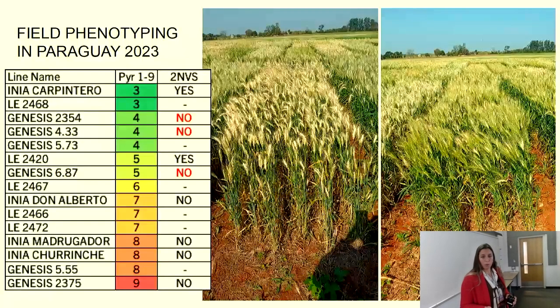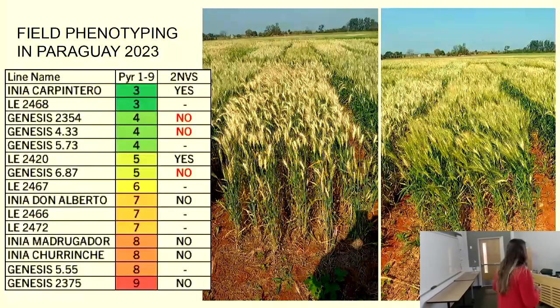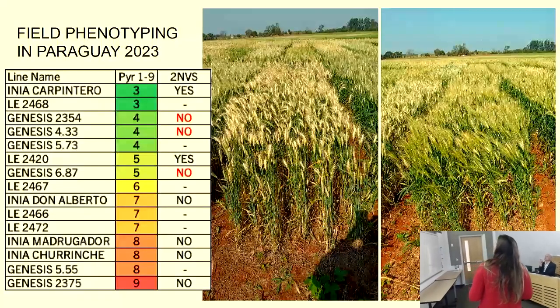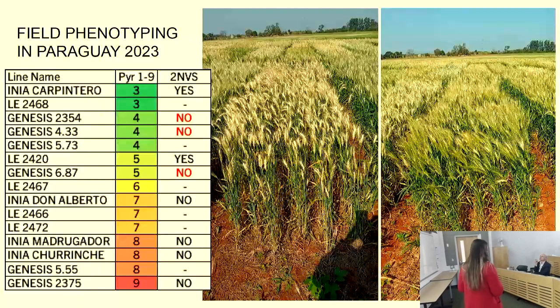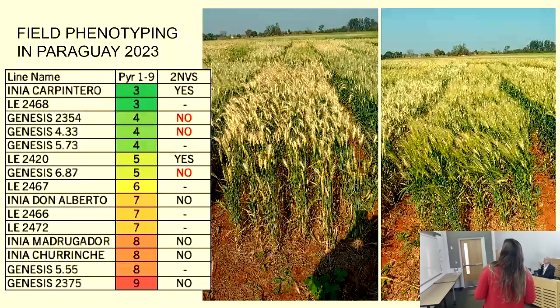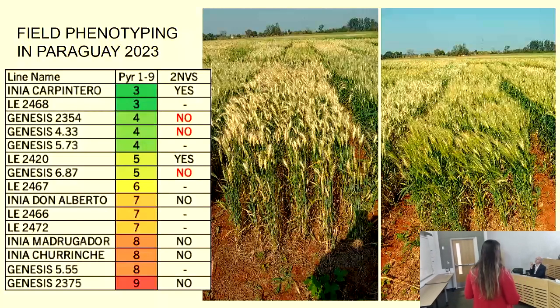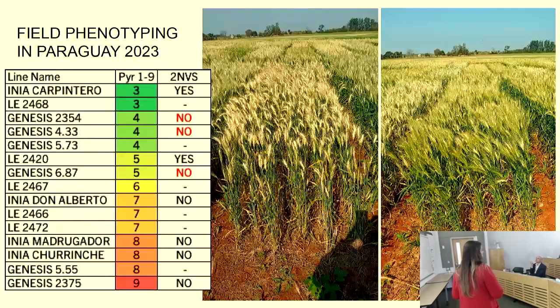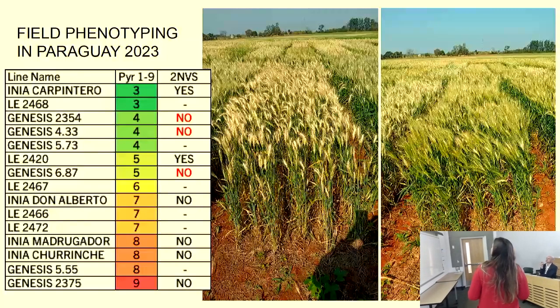And lastly, I want to show you this one. This is from the 2023 season, when we sent some materials to CAPECO, in Paraguay, and he did some phenotyping for us. You can see here a few of the Indian varieties, with a visual score of 1 through 9 for the wheat blast severity.